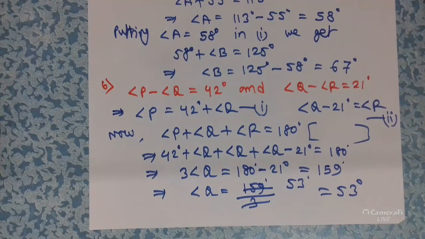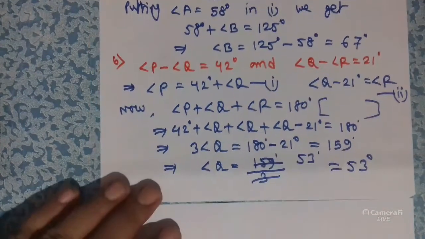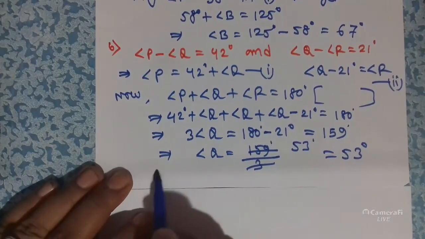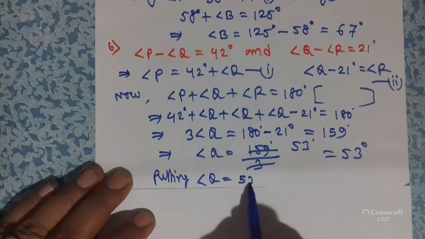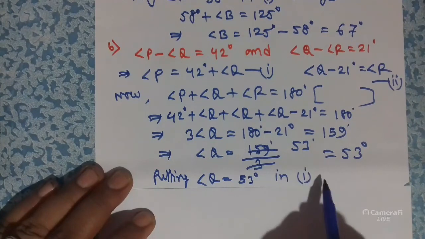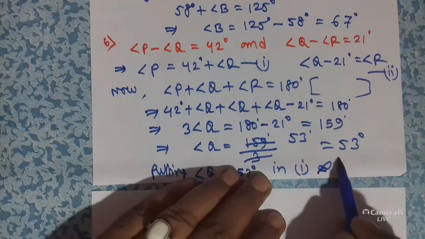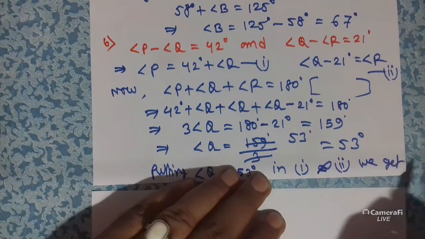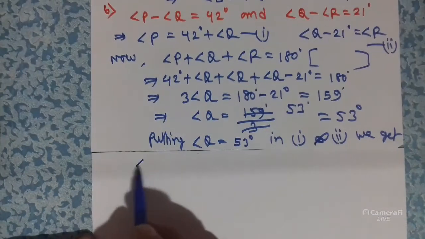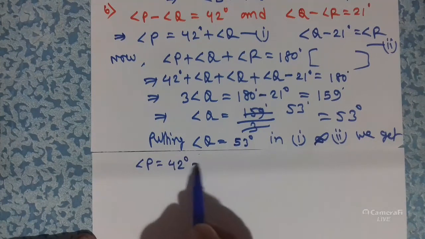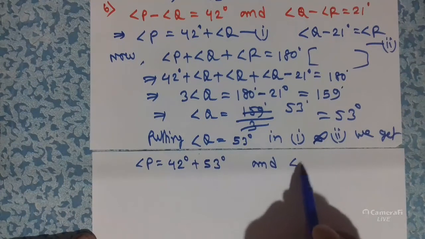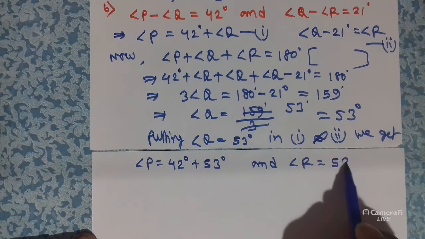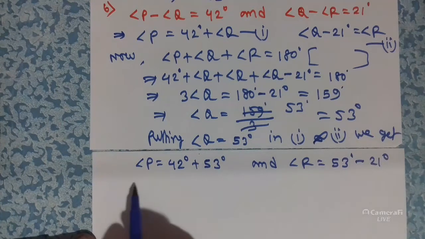Now students, we have to put the value of angle Q in 1 and 2. So putting angle Q is equal to 53 degrees in 1 and 2, we get angle P is equal to 42 degrees plus 53 degrees and angle R is equal to 53 degrees minus 21 degrees.